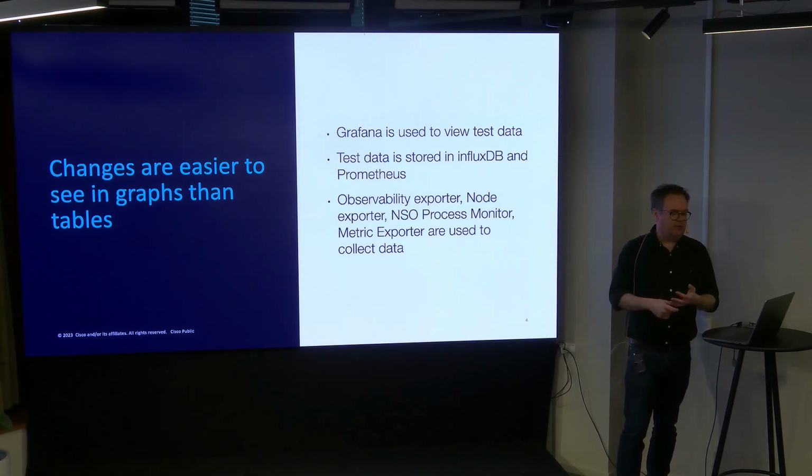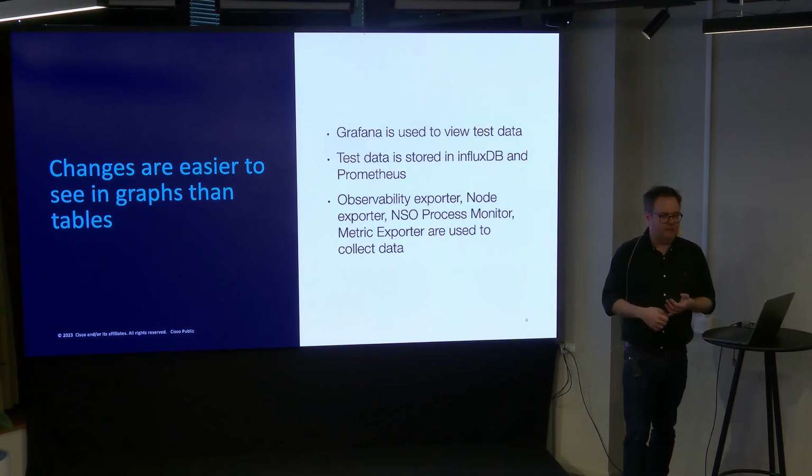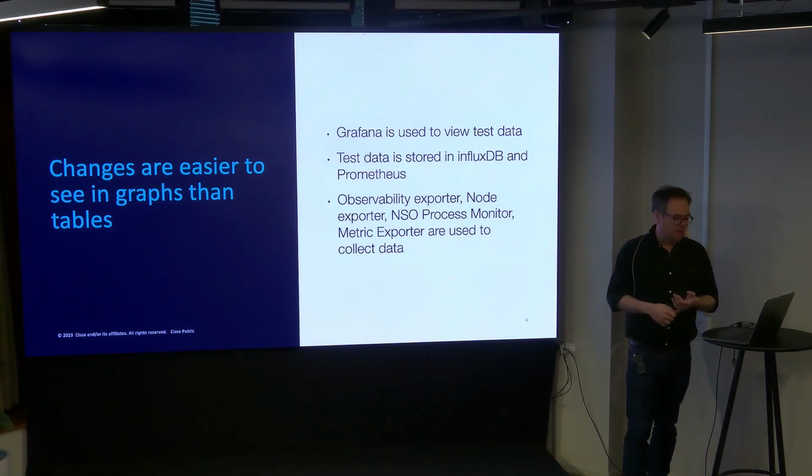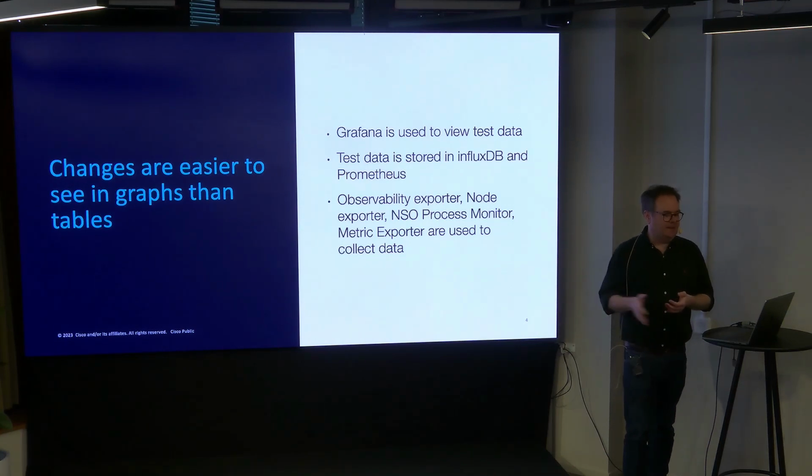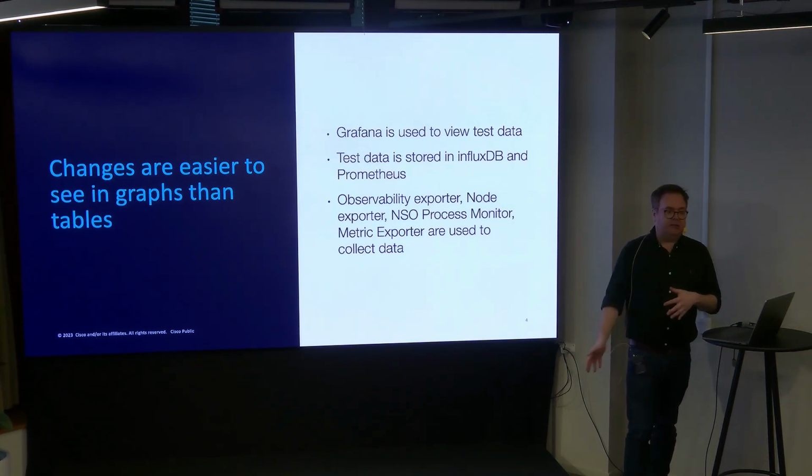We use Grafana to view the test data, and we store all our test data in InfluxDB. So that makes it easy for us to find historic data about the tests. And it's easy for us also to look at old tests, since all the data is stored in InfluxDB.